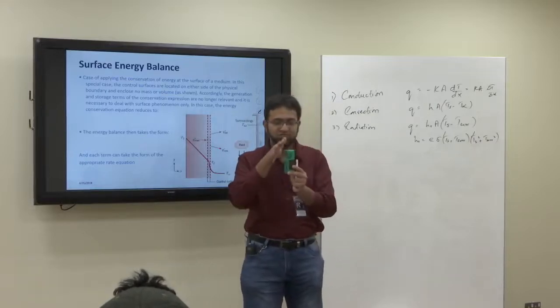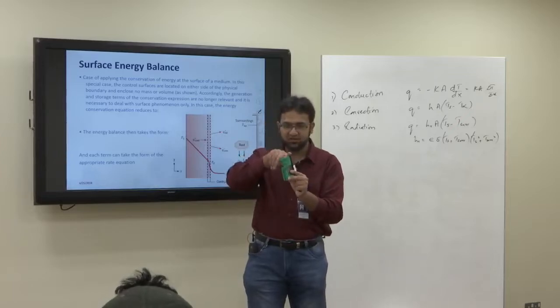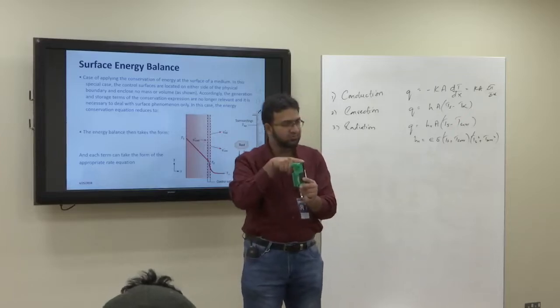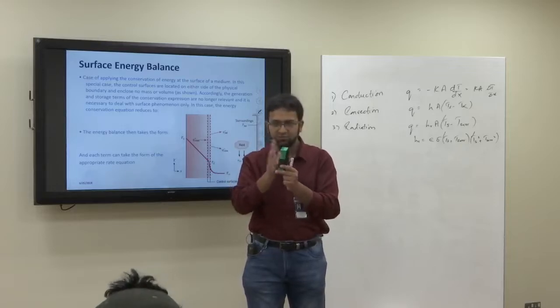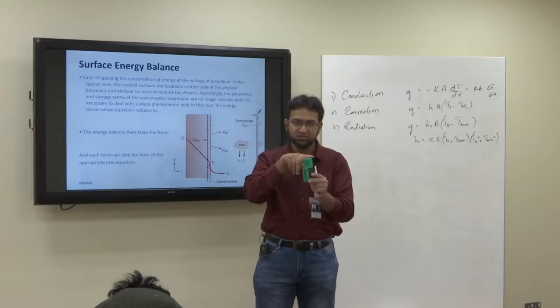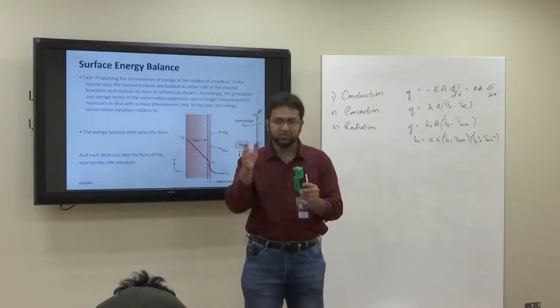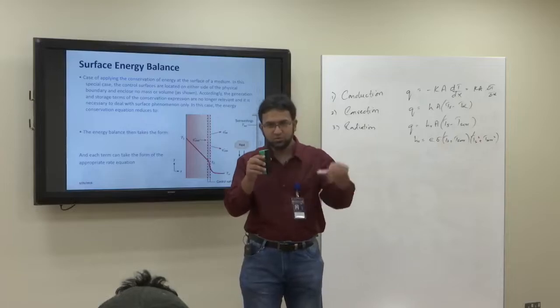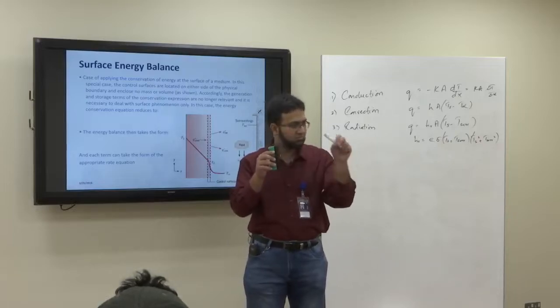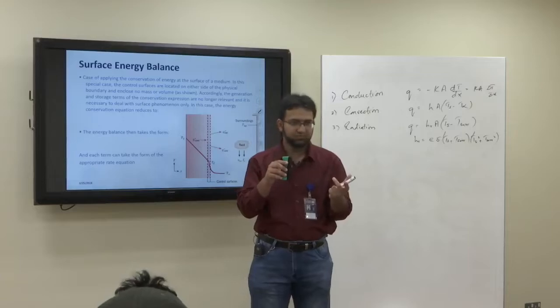The heat will transfer from one end to the other end by which phenomenon? Conduction. It will transfer from this end to this end by conduction, and then whatever heat is transferred will be transferred out by convection and radiation, right?